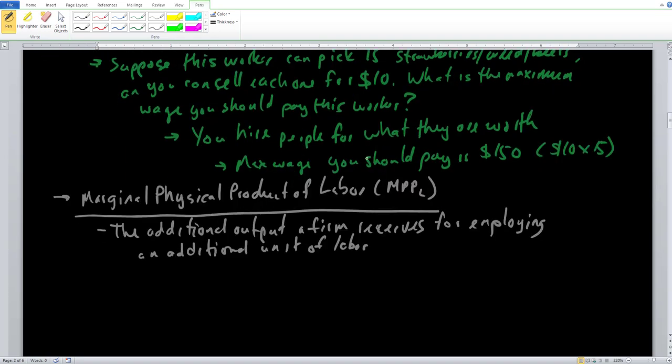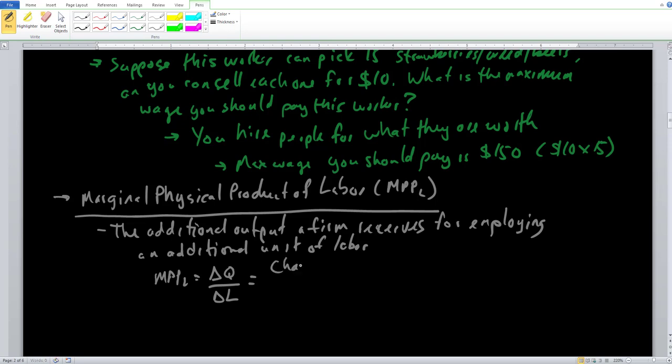In order to answer this, we can use a formula. We already know what this formula is. MPPL is equal to the change in quantity divided by the change in labor. So here, we've already tackled this equation before. We're taking some type of differences as we go from 1 worker to 2 workers, 2 workers to 3 workers, and then so on.